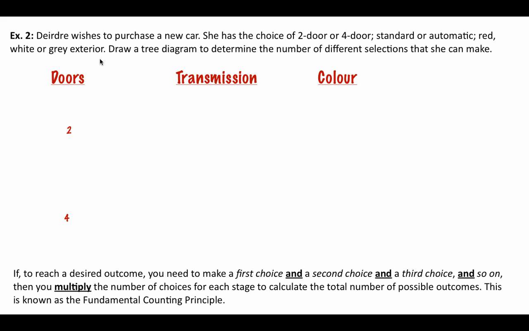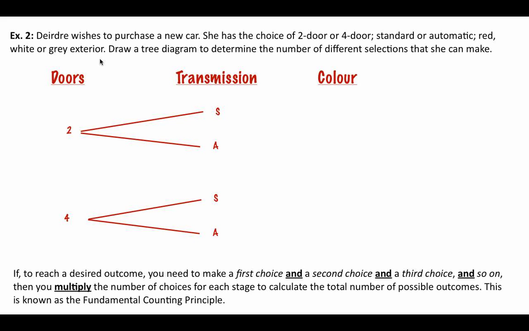From here, if we want to look at transmission, we choose a 2-door car. We have either a standard transmission or an automatic transmission, and this represents 2 separate paths. We have the same choices if we choose a 4-door car.